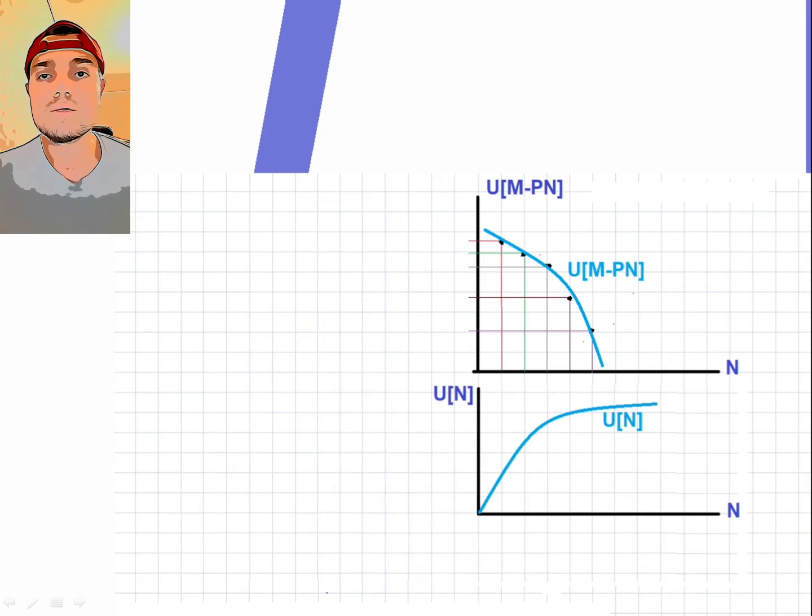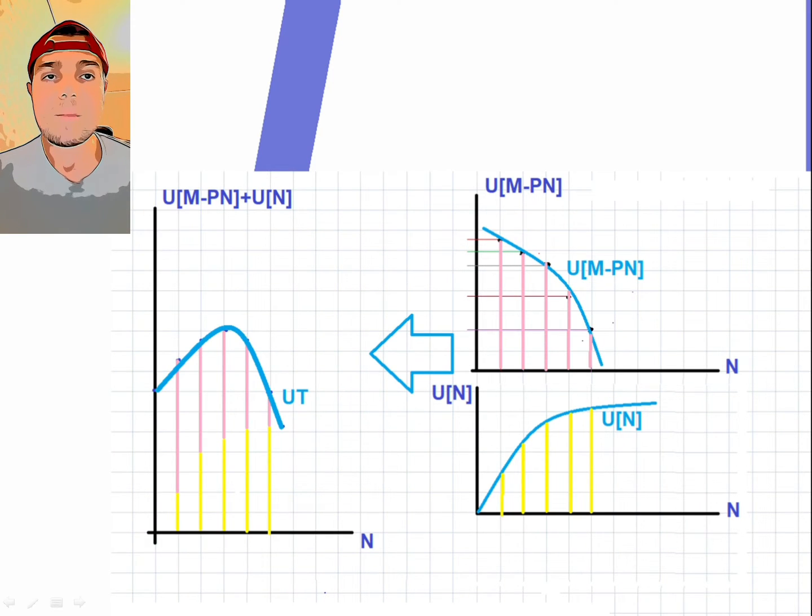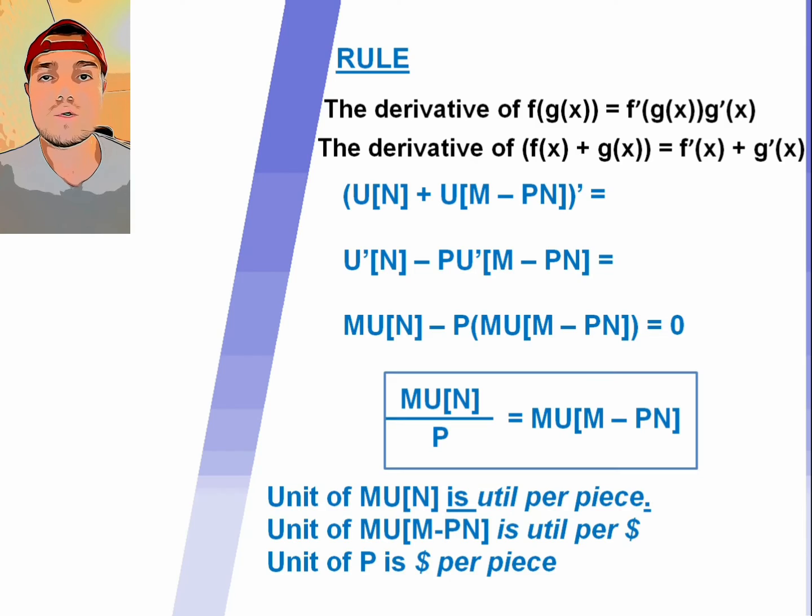The next step is to remember the pineapples utility curve from the video about utility named topic B1. The total utility curve can be found by summing the upper and lower curves. It is easy to prove that the total utility function has a maximum. We can find this maximum by considering the derivative of total utility with respect to N. Let's use two famous differentiation rules, marked by black color, and infer the formula in the box.